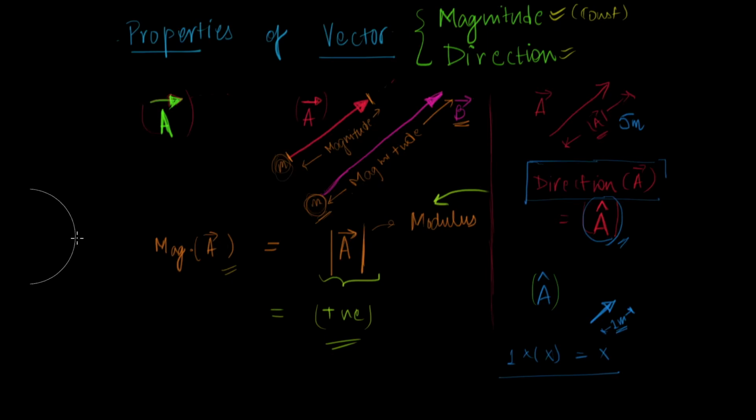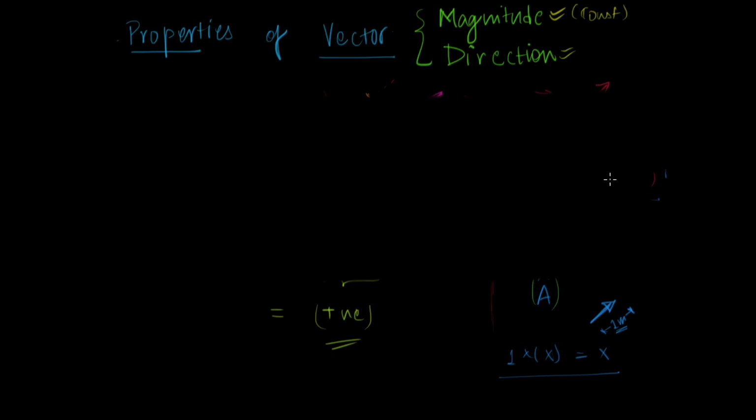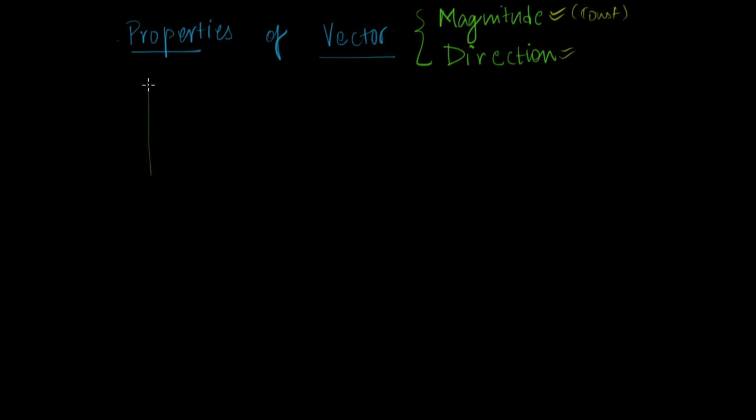So if I clear this off again and try to work with, say, another vector, and now this time we go a bit more mathematical, and I draw the vector in this direction. So the vector is formed in between 2 coordinates, the base being at 0, 0, and the head being at 3, 4.